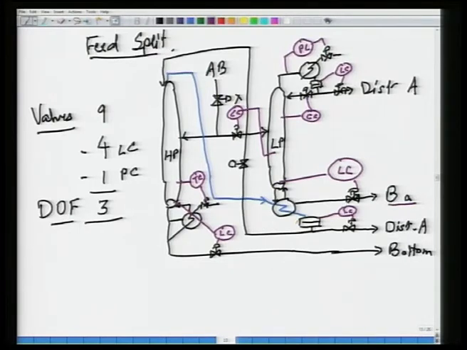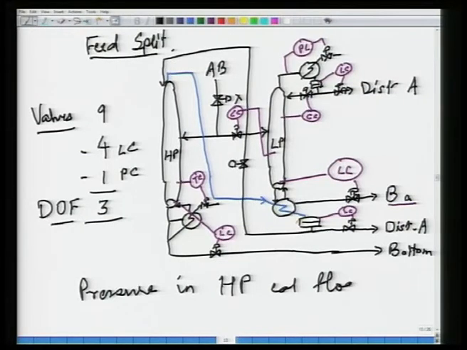By the way, note that pressure in the HP column floats. What do I mean by that? If for whatever reason, probably because the bottoms of the LP column became cooler, more heat got transferred in this reboiler, the condensation rate increased.